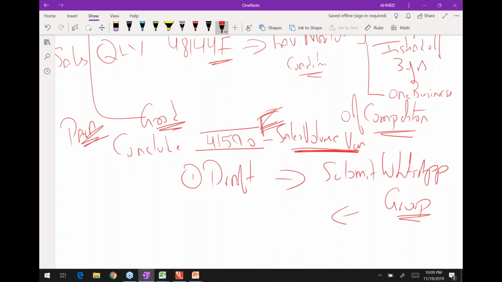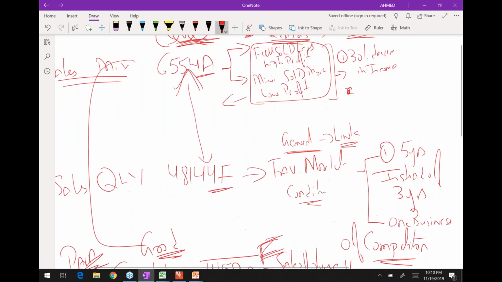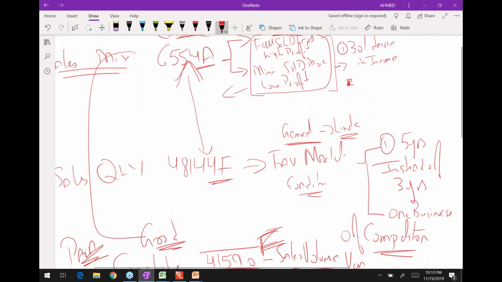Then I will give you the drafted sample answer on the WhatsApp group. First you draft in paragraph form, and then I'll provide it. I hope this is clear. Admin, please share the link.